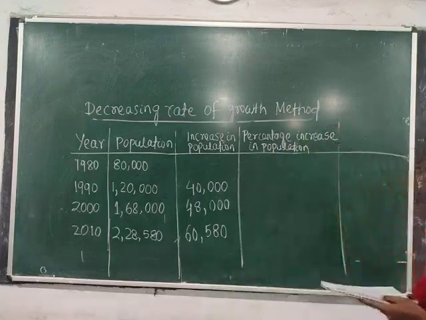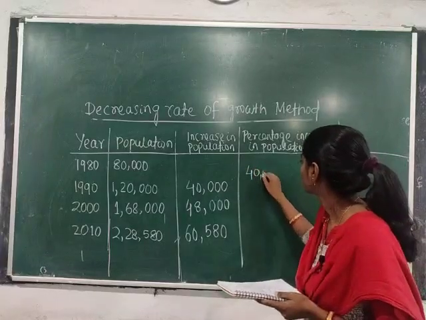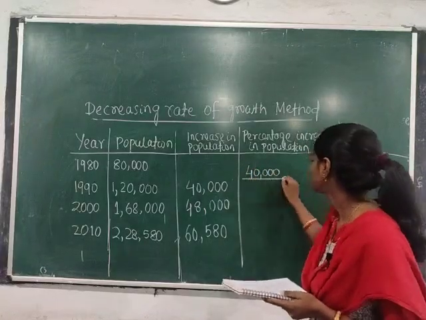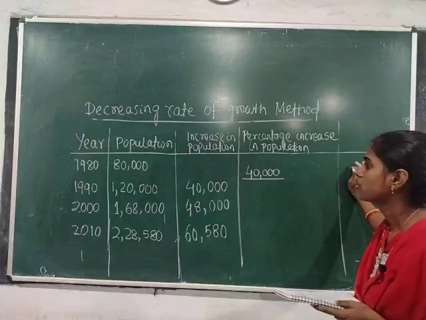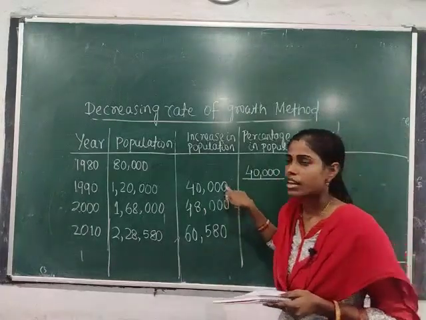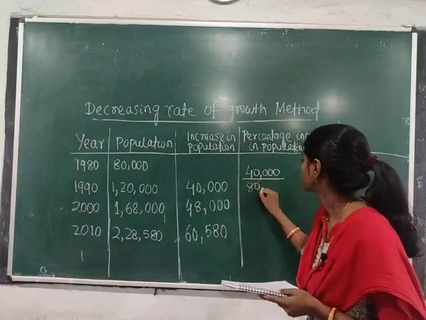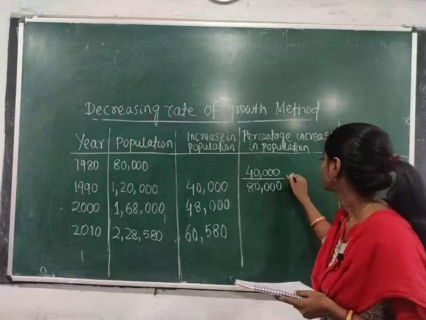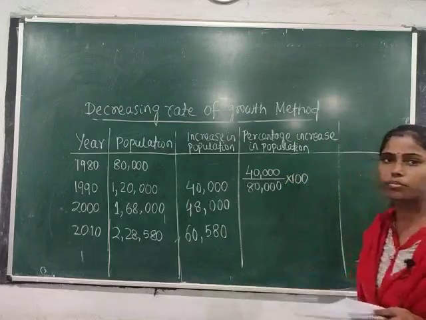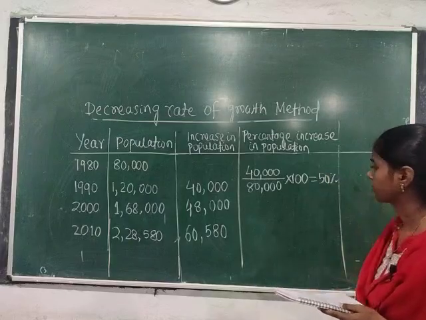What is the percentage increase in population? For the first decade the increase in population is 40,000, and the initial population was 80,000. So, the percentage increase in population is 50%.